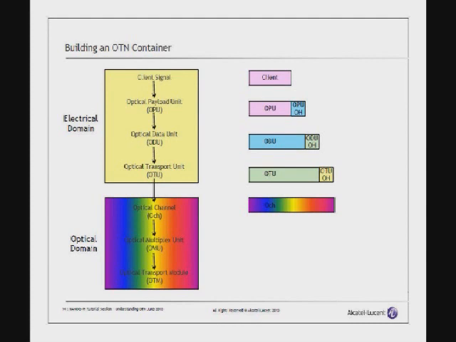This one in particular. So you're taking whatever the client signal is, you're putting that into a payload unit, and that payload unit has an overhead associated with it. That is then built into a data unit, and that has an overhead associated with it.